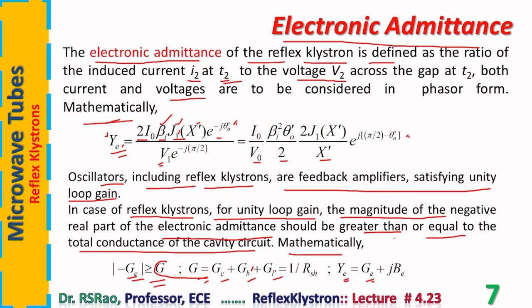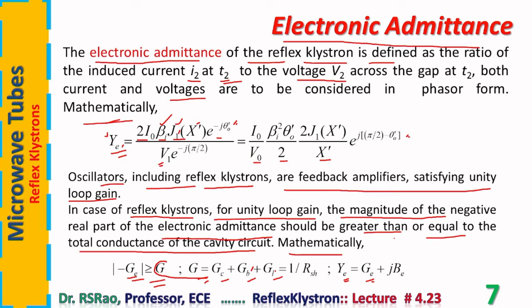Electronic admittance is a quantity that plays a key role in the design of reflex klystron oscillators. Almost all oscillators are feedback amplifiers. A feedback amplifier goes into oscillations only when minus beta A is 1. It is called Barkhausen criteria.